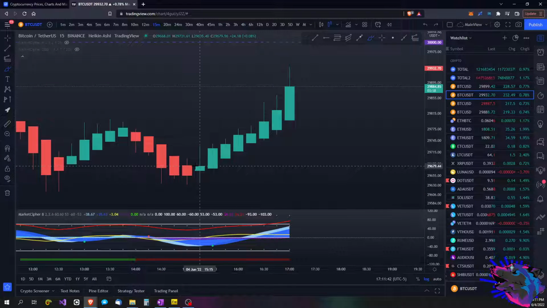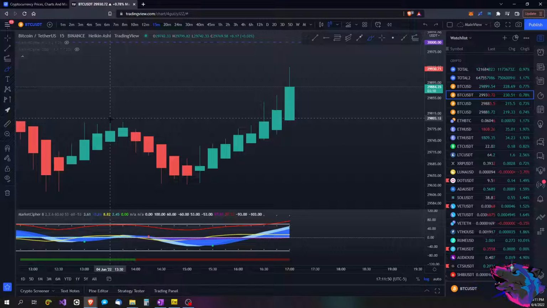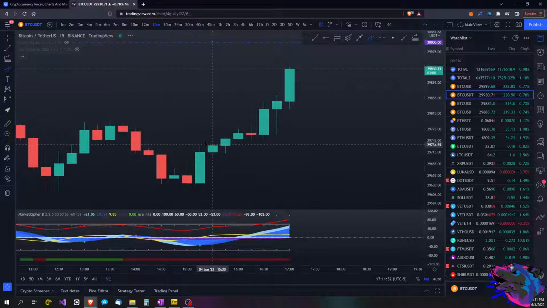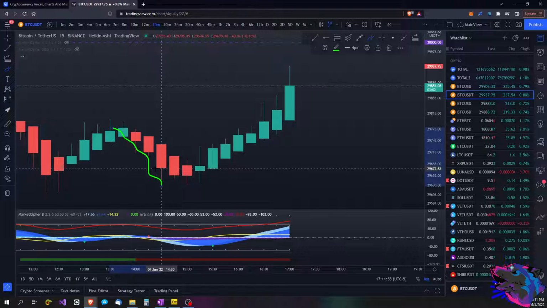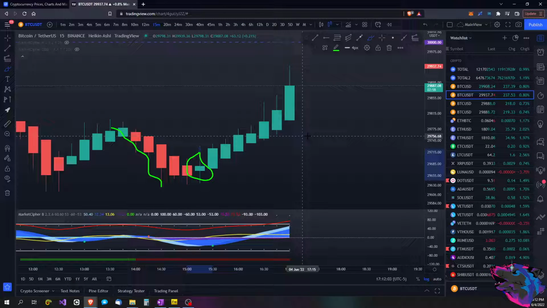The one thing about Heikin Ashi candles that you need to remember is that it is a lagging indicator. You may come over here to the regular candles and say, okay, we kind of hit a bottom here, come over to the Heikin Ashi, and it didn't turn green until all the way over here.